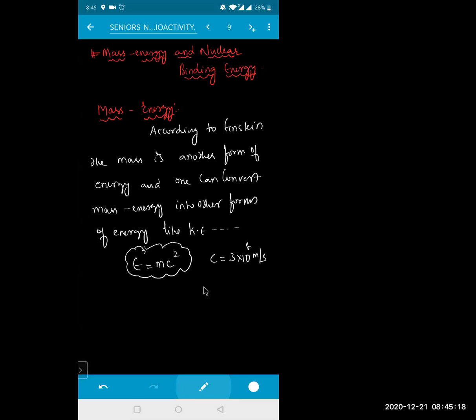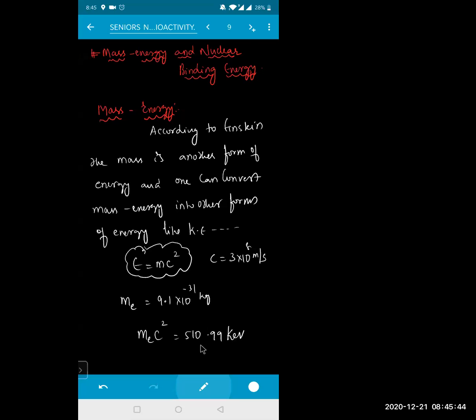And the mass of an electron is how much, beta? Mass of an electron is 9.1 into 10 to the power of minus 31 kg, and it is equivalent to m e c squared, approximately 510.99 kilo electron volt.